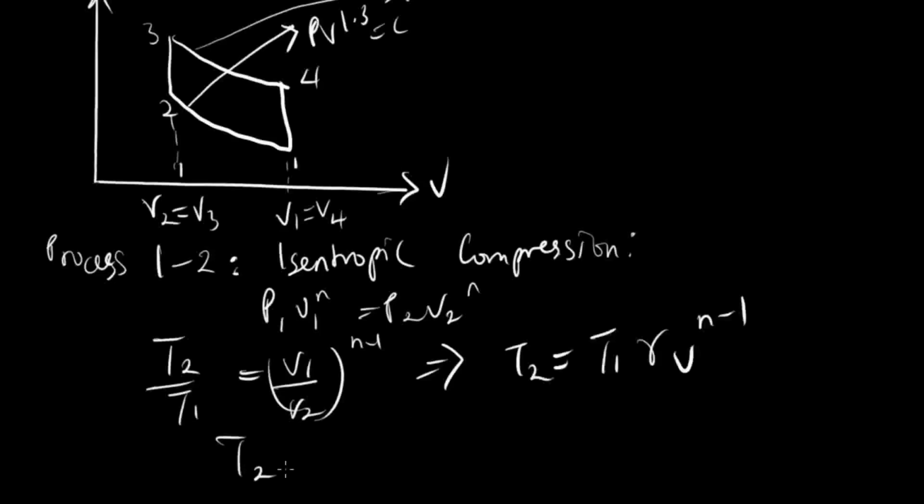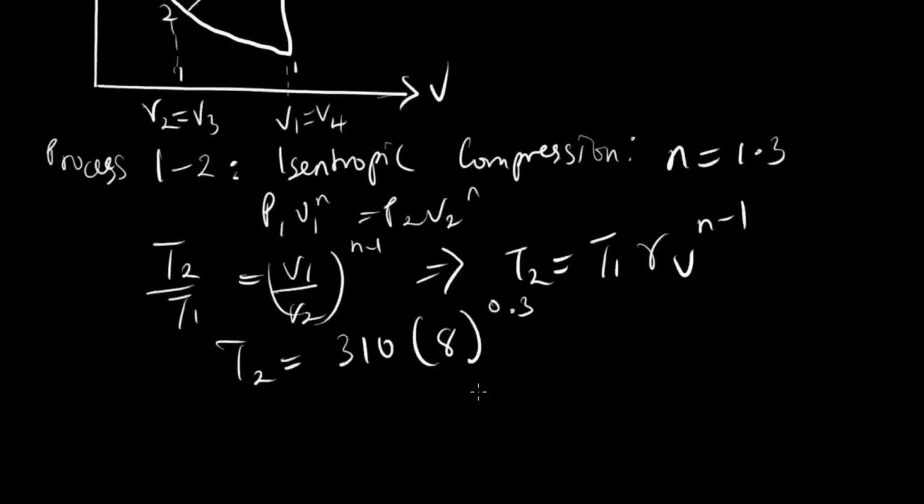So T2 now will be 310 times 8, and remember, n is 1.3 here, so here will be 0.3, that's n minus 1. So finally T2, after much calculation, is 578.5.